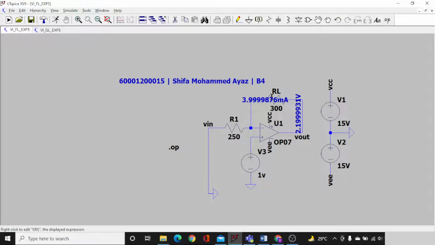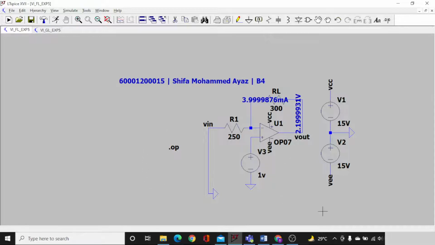Input voltage is supplied at the non-inverting terminal. The inverting terminal is over here, via which I have grounded the R1 resistance. But since RL, the load resistance, is not grounded, this circuit is said to be a floating load V to I converter.